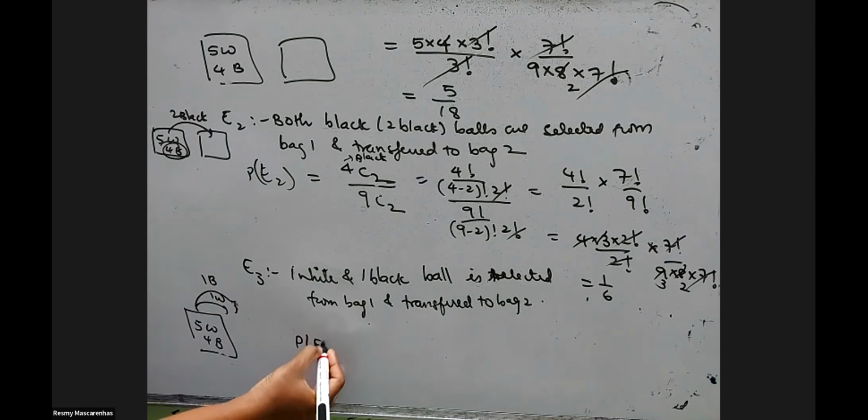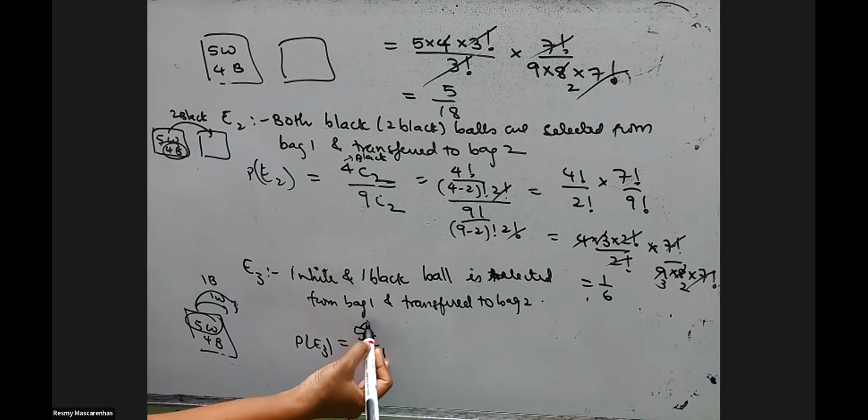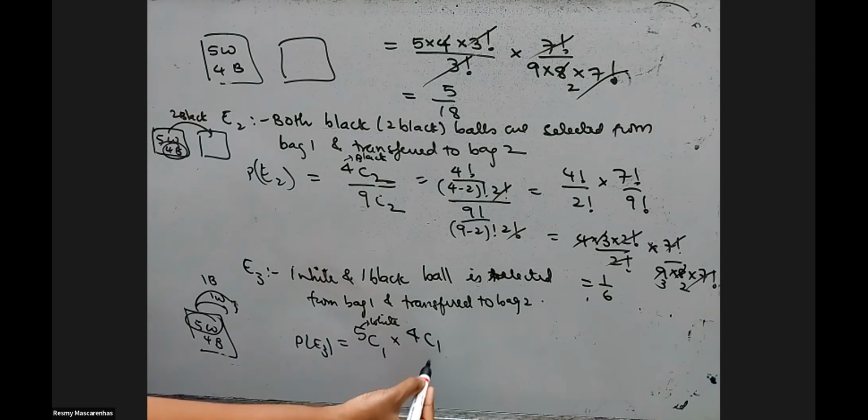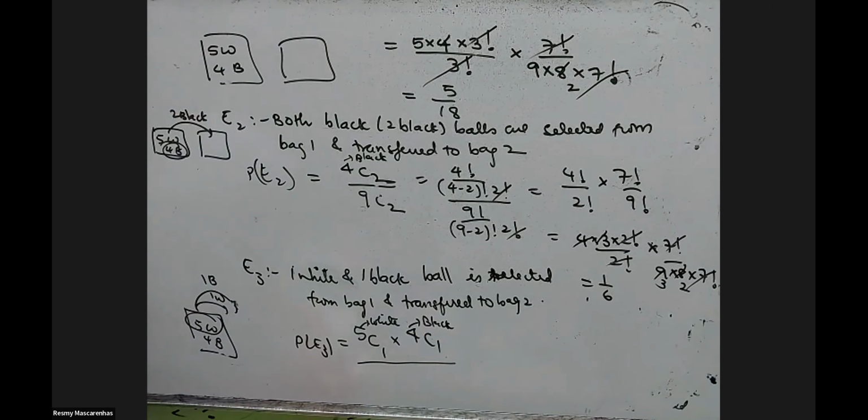P of E3 will be what? So you need 1 white. How many options do you have? 5. So from 5 white, I'm picking 1 white ball. And 'and' means always use multiplication. From 4, I'm picking 1. So this is for black. Upon the total, which will be 9C2 only for everyone. Total sample space is 9 choose 2, without any condition. 5C1 is anyways 5 only.